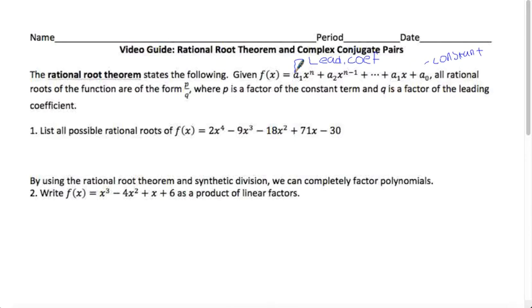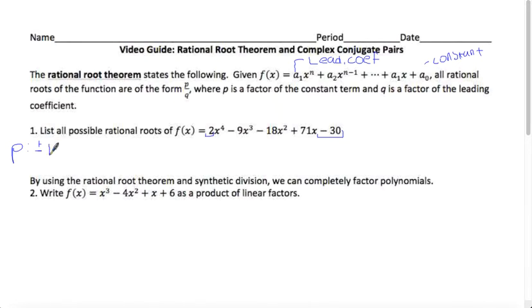So we would start by listing the factors. In this one, negative 30 is our constant term, and 2 is our leading coefficient. So p are the factors of the constant term. So for p, we're going to list all the numbers that possibly could multiply to negative 30. And for each of these, we have to remember that there's a plus or a minus.